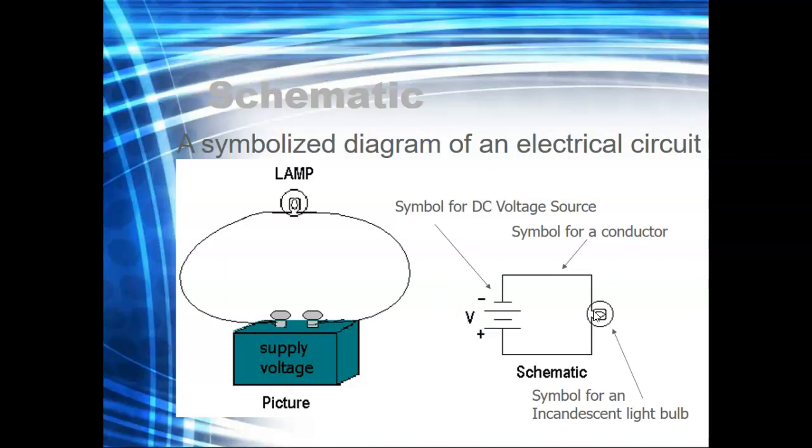Okay? Then you have the symbol for a light bulb, and then you have the symbol for the wires that go from terminal to terminal. Does that make sense to everybody? Yes, ma'am.